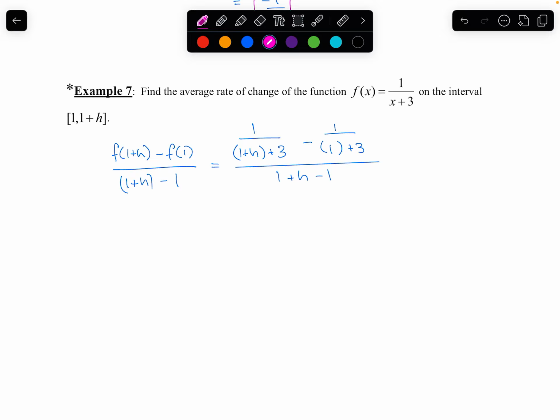So now we can see in the denominator, I'm going to have the 1 and the negative 1 cancel, so that I'll only have h in the bottom. For the next ones, again, I'm going to show you this a little slower just to make sure everyone's with it. So I could drop the parentheses. So 1 plus h plus 3 minus then 1, and then 1 plus 3 over h.